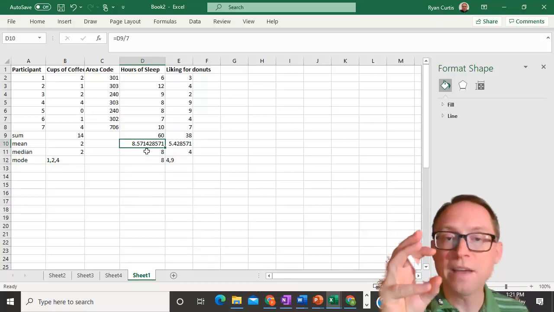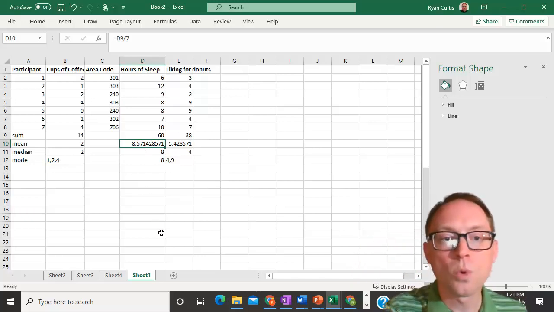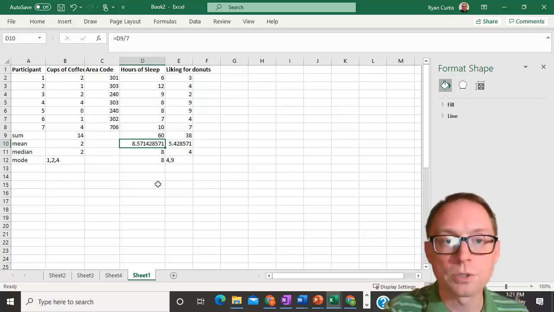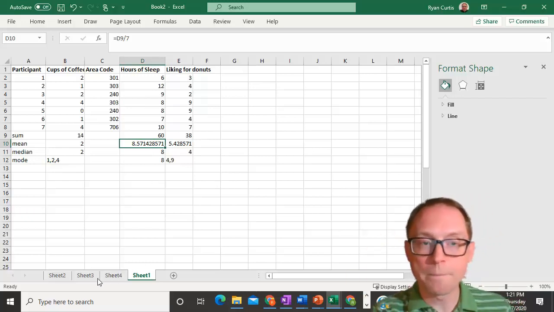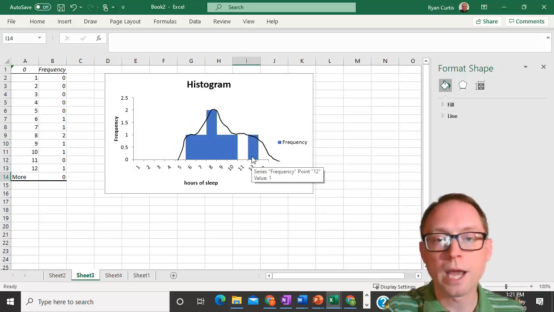It's being pulled up by the people who are getting 12 hours of sleep or 10 hours of sleep. They're being pulled up by the extreme scores. So this person right here is pulling the average up, skewing it positively.